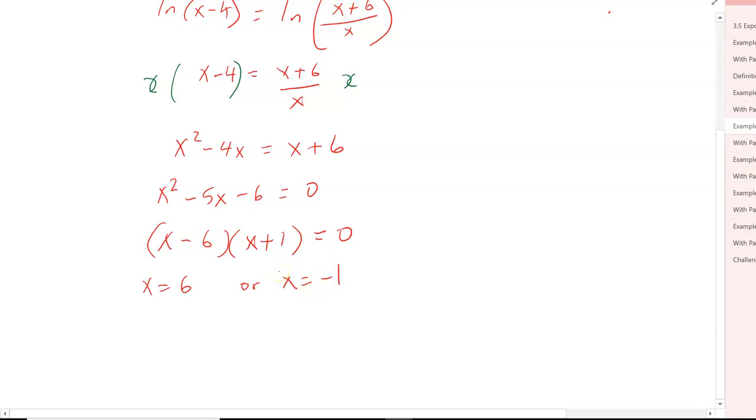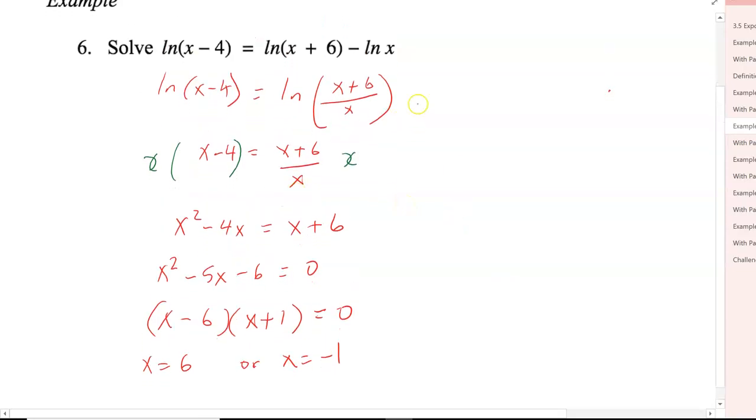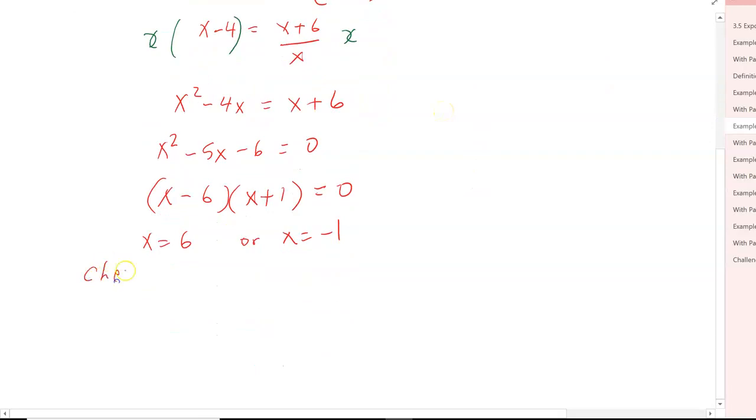Now let us check whether or not these make sense. So check these in the original equation.